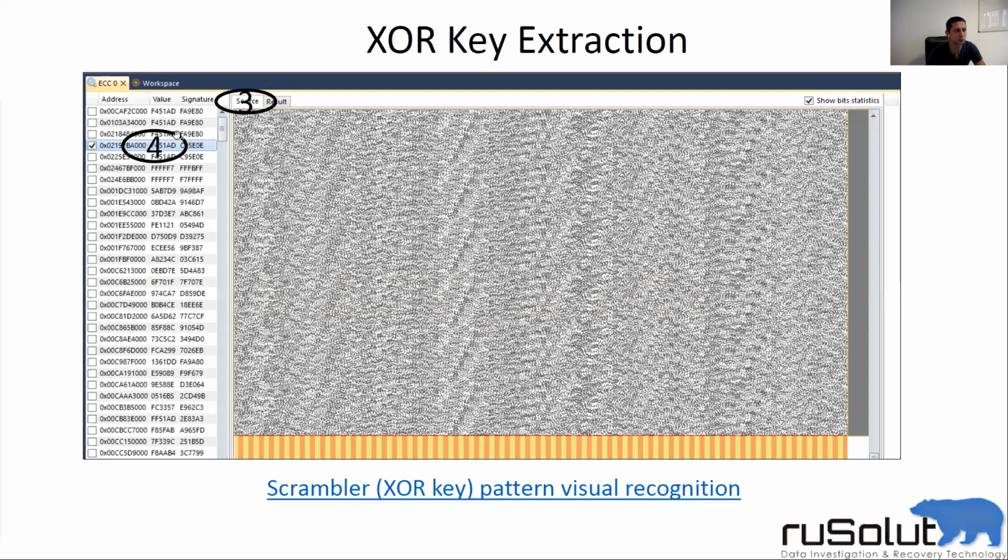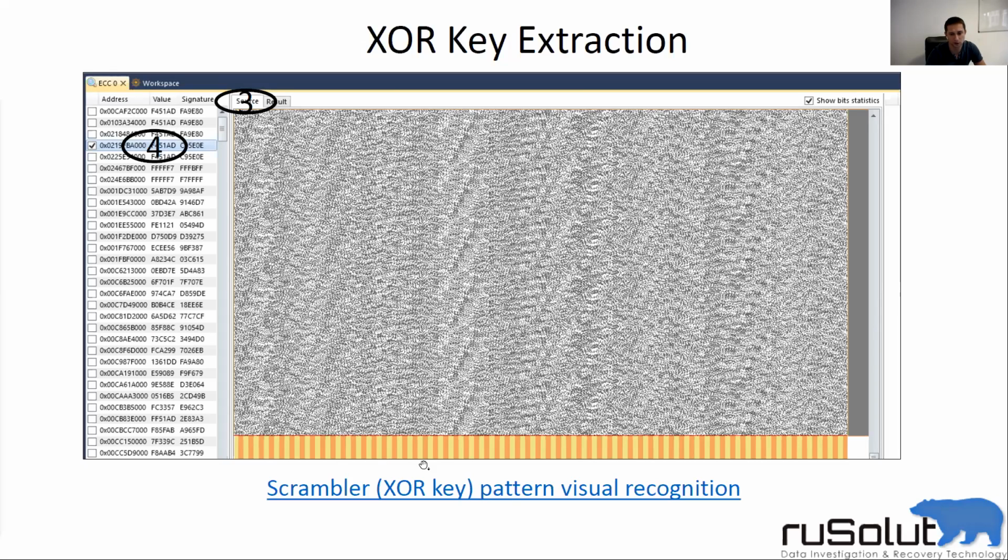What we need to do at this moment is check what kind of data we have in those blocks on the top, because VNR will automatically bring to the top the blocks that have an XOR key inside with the highest probability. So our task is to check several blocks from the top.